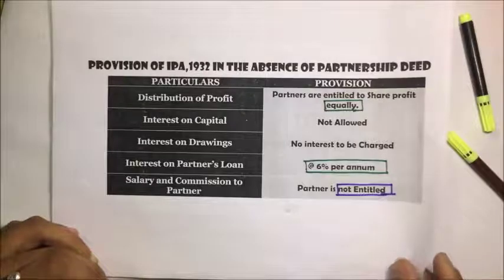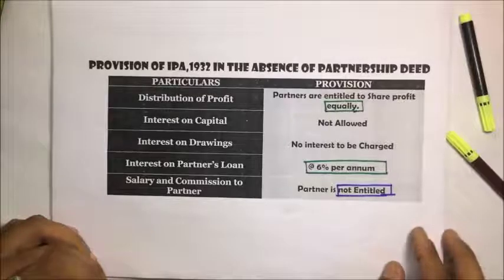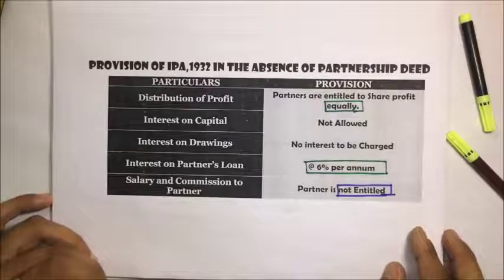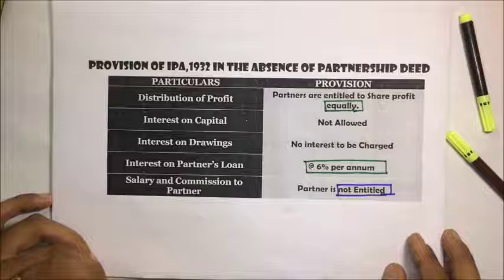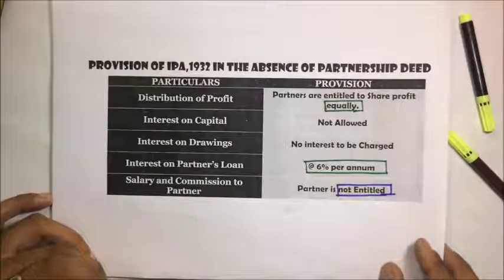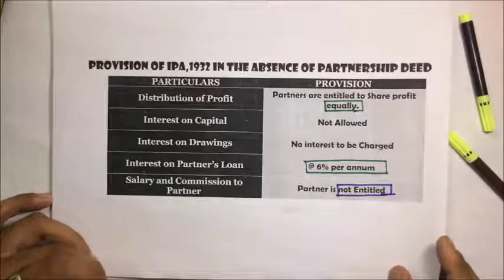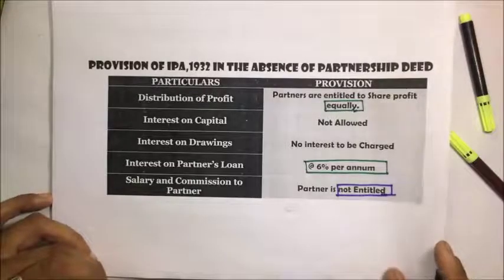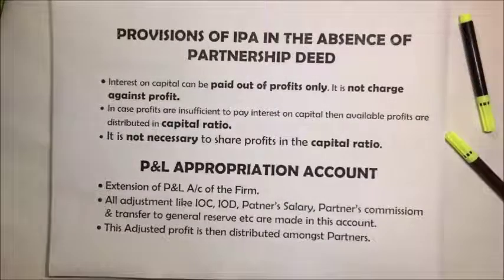Okay? These are some simple things. The first one is, if there is no partnership deed, the profit will be shared equally. Interest on capital and interest on drawings are not to be allowed and charged. Interest on partner's loan will be allowed at 6% per annum, and salary and commission to the partner is not given.